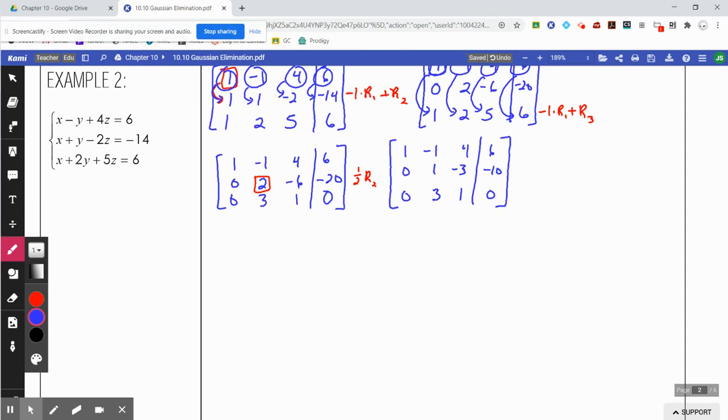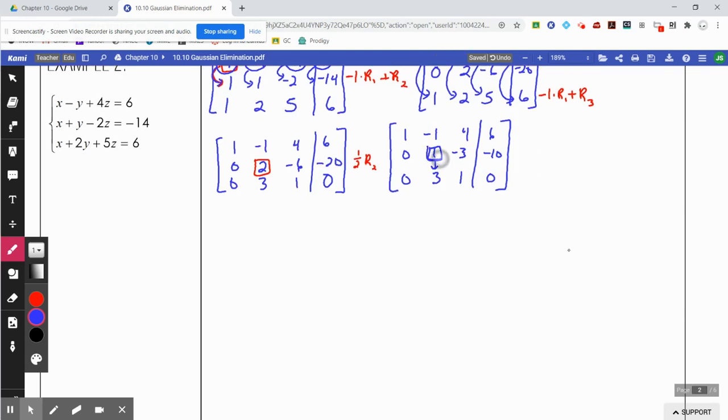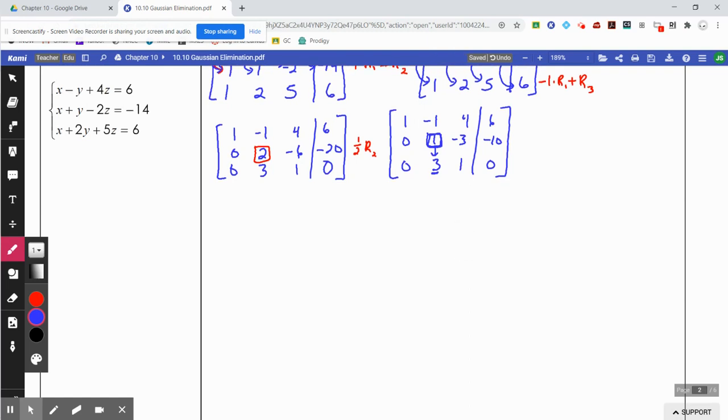Now use that 1, and anything below it, we're going to make it a 0. So the way we're going to do that, I'm going to multiply this 1, that's my tool, by some number so that when I add it to this, that gives me 0, and that's going to be a -3. And I'm trying to change row 3, so I'm going to put my rule out here next to row 3. I'm going to do -3 times my tool in row 2, and add that to my row 3.